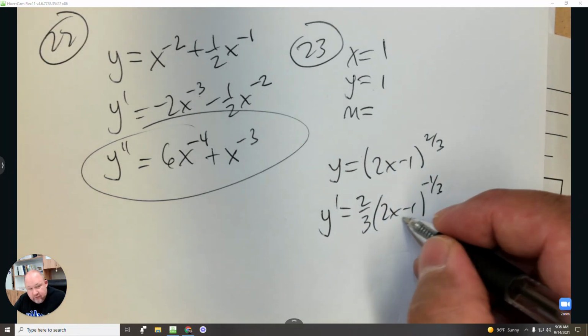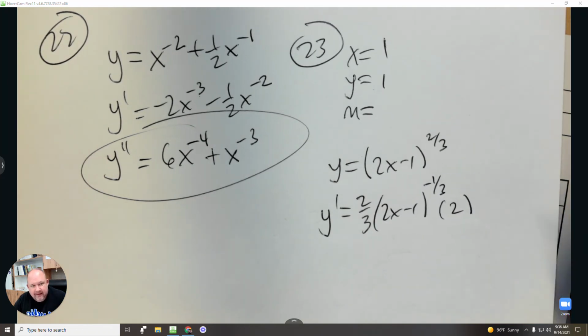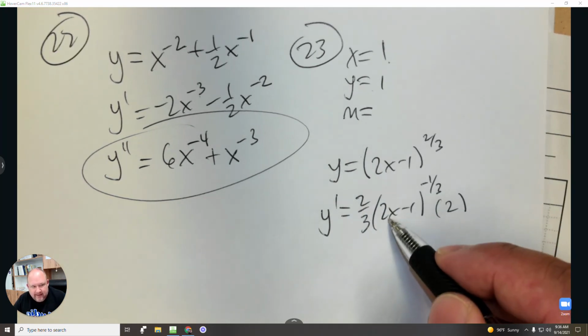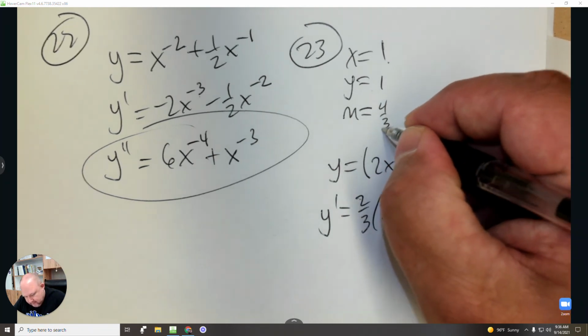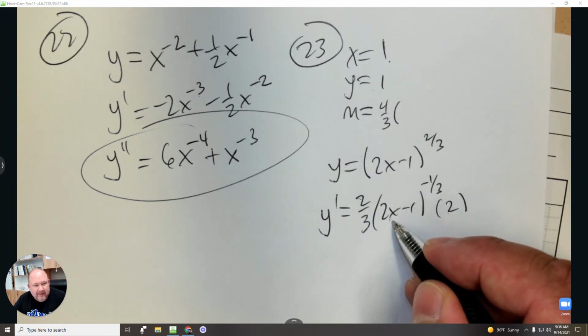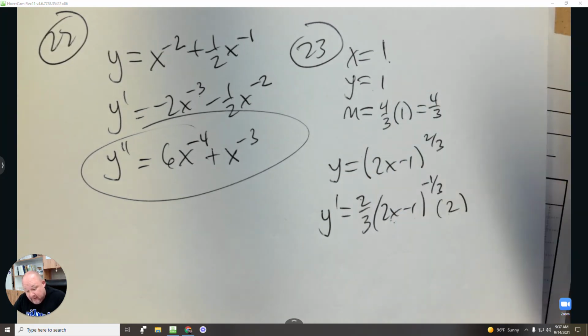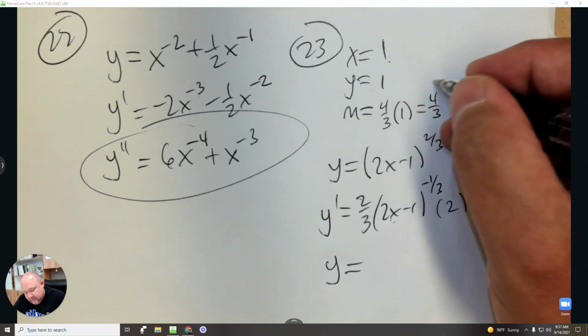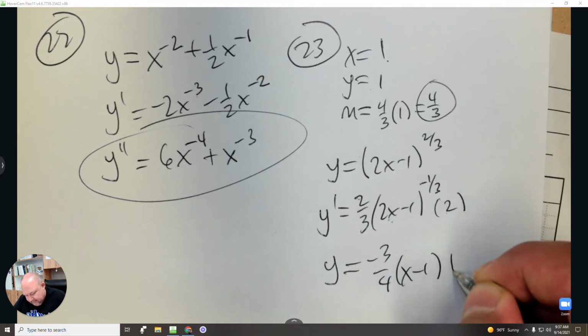There's a hook. The derivative of 2x is 2. And then I need to plug in 1 for x to find it. So 2 times 2 is 4/3. If I plug 1 in for x, 2 take away 1 is 1, and 1 to any exponent is 1. Now, for the normal line, I need to do the opposite reciprocal. And then everything else is the same.